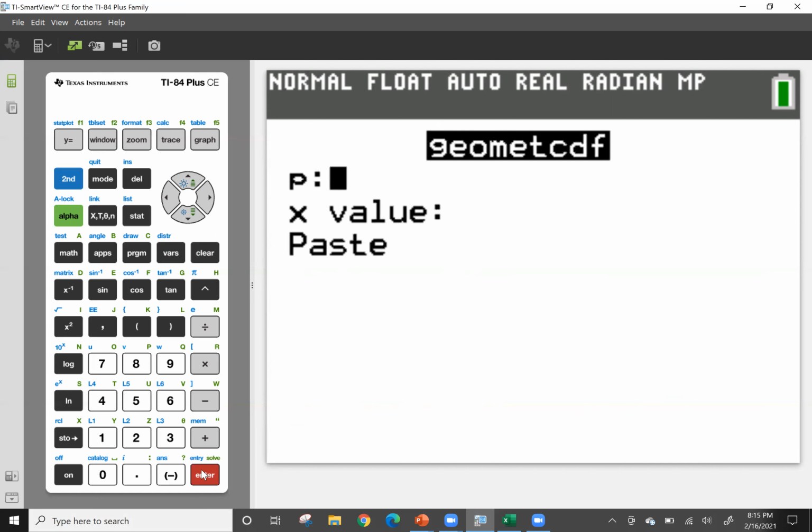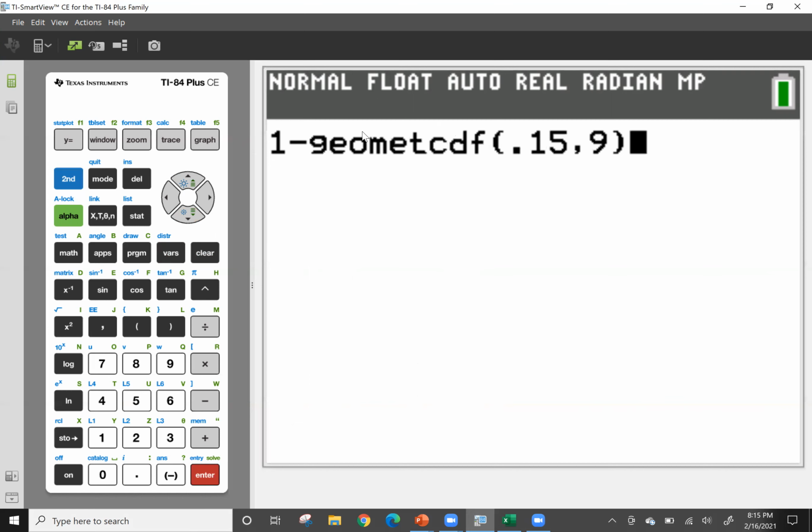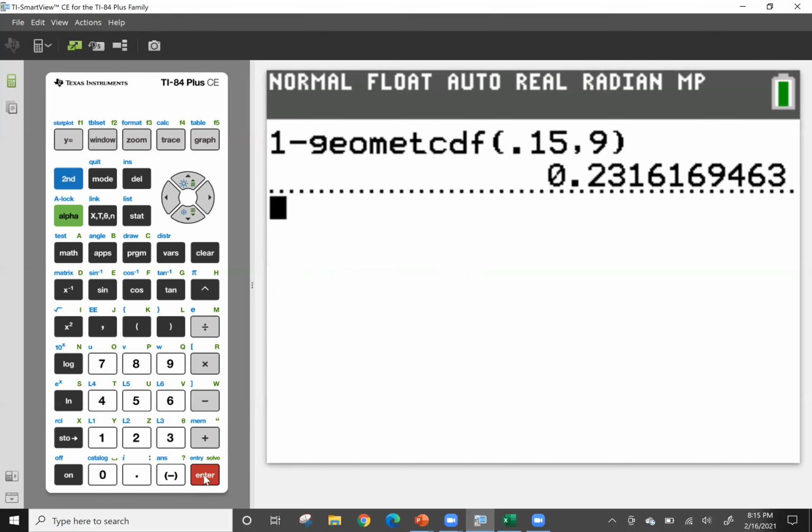The only two values I need to put in are the probability of a success, 0.15, and the X value I'm interested in, 9. When we do this calculation, it gives us the probability that X is greater than or equal to 10, and that's 0.2316.